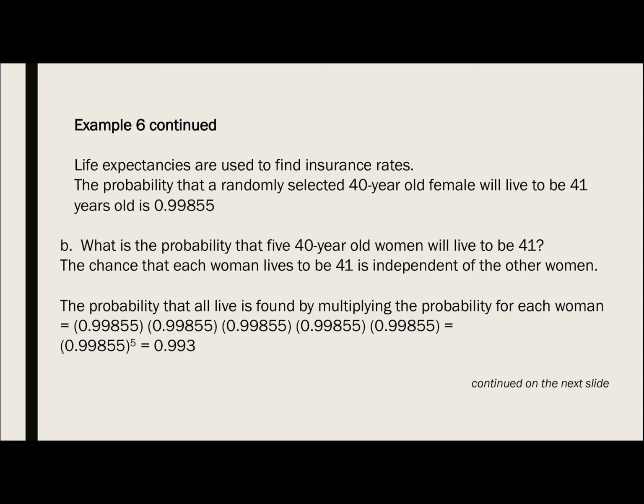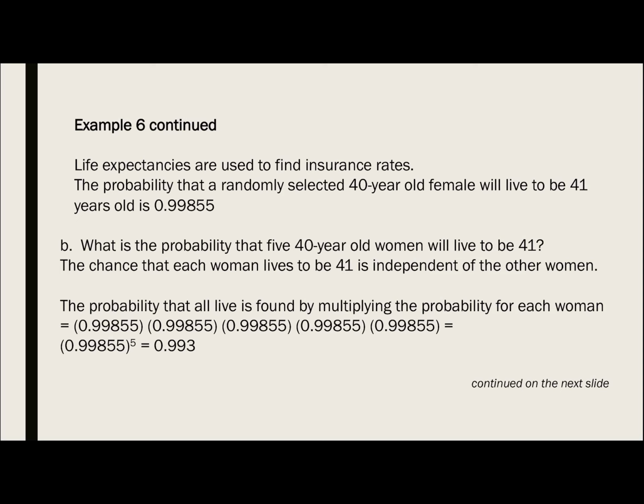Okay, using the same numbers as the last slide. The chance that each woman lives to be 41 is independent of the other one. So the probability that they all live is found by multiplying each of those individual ones. So multiply it times itself 5 times, which is that raised to the 5th power, which is 0.993.